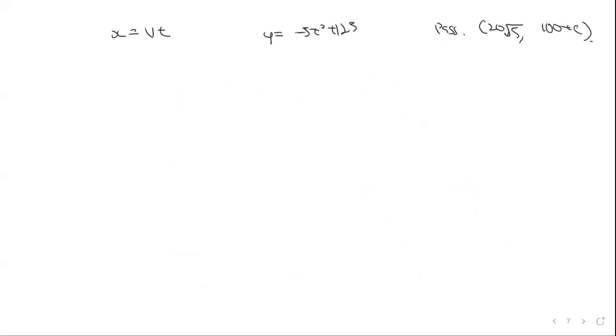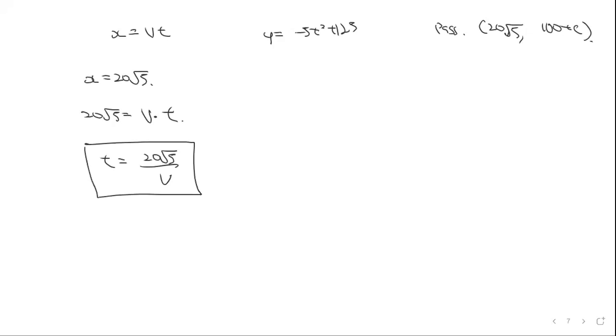So if x equals 20 root 5, then that means 20 root 5 equals v times t. So t must equal, the time must equal 20 root 5 over v when it passes above the building. We'll sub that time into y.